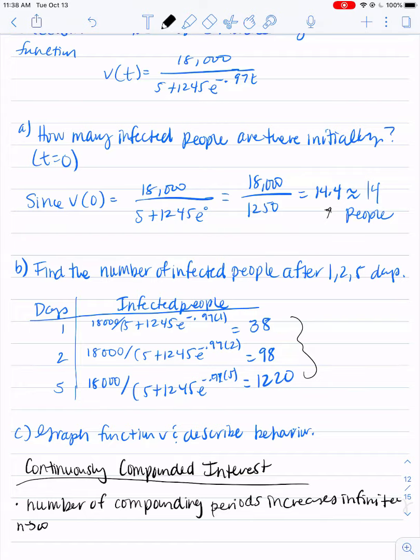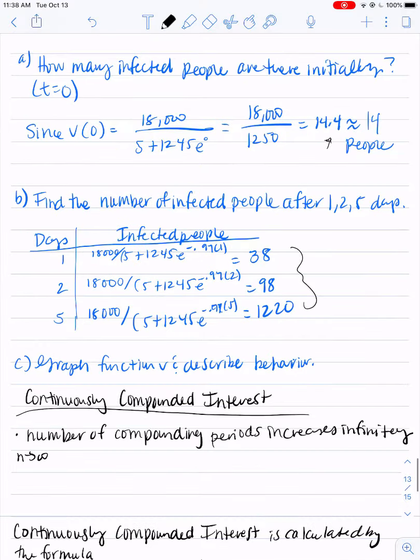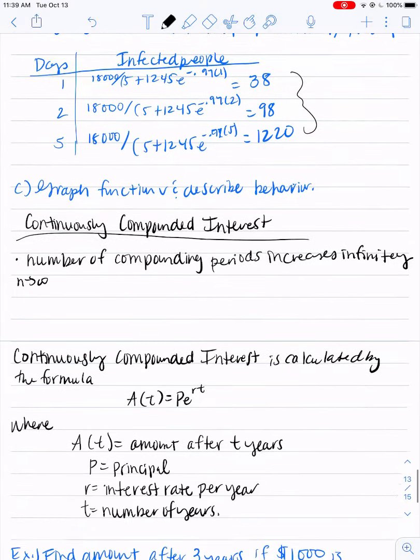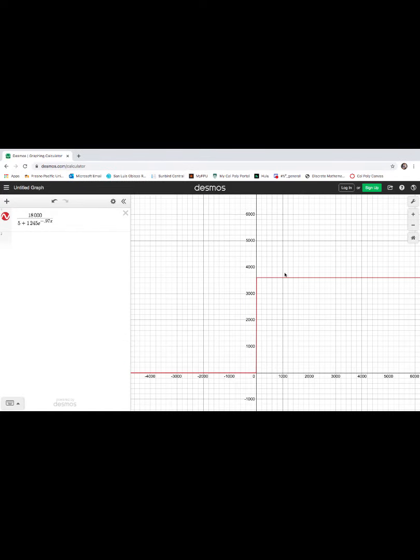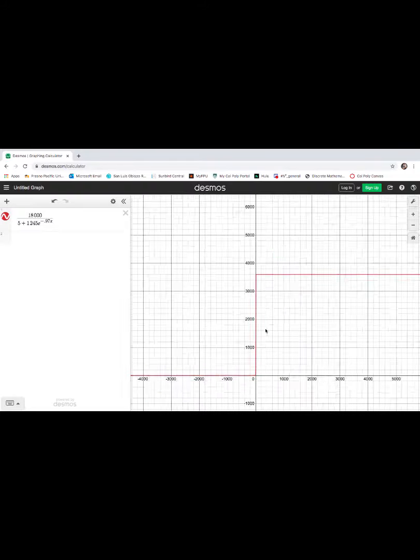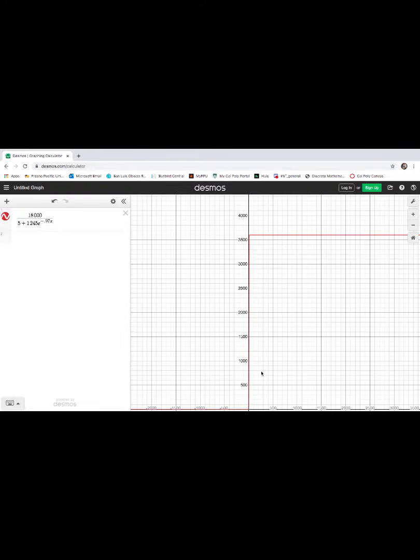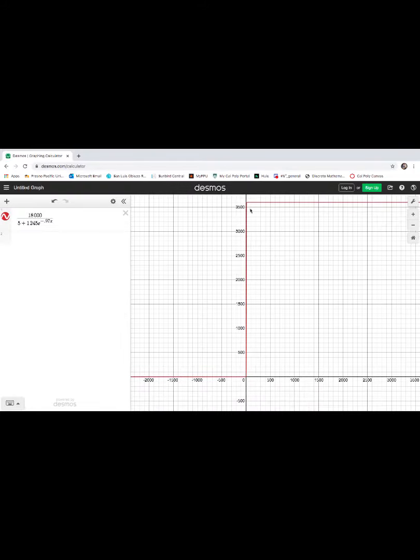Alright, and then I'm going to graph the function and describe the behavior. I'm going to do that on Desmos also. So here I have my function that we're going to graph. I can see here that it just goes up, up, up, and it keeps going up pretty high.